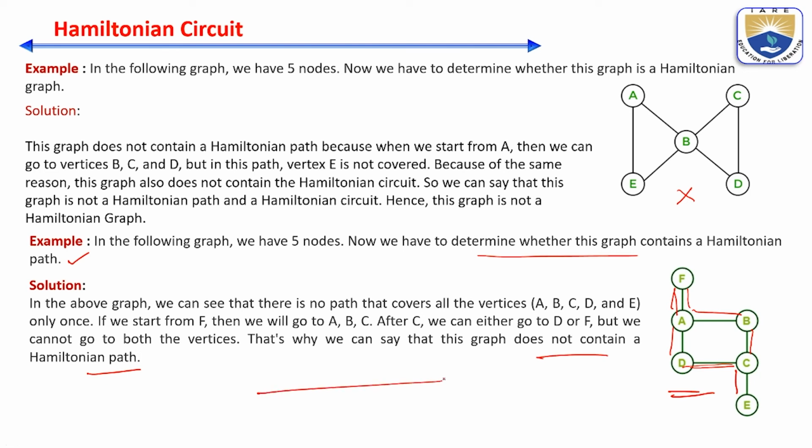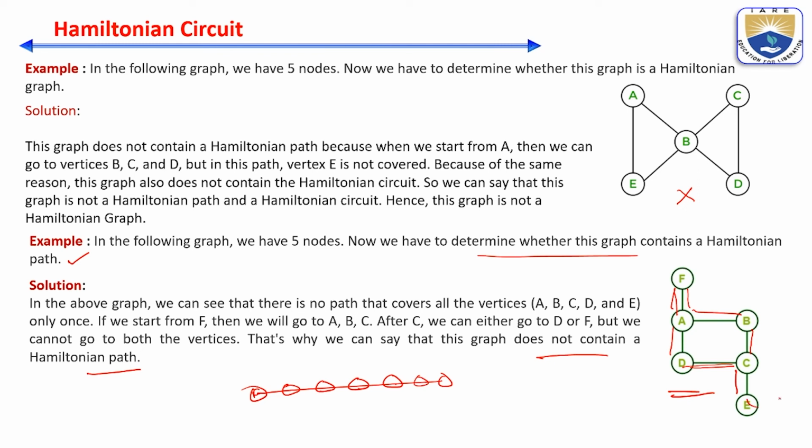A Hamiltonian path should be open, and all vertices should exist in it. And one more thing: if I start from any one vertex, the remaining vertices should be in between, like 1, 2, 3, 4, 5, 6, 7.